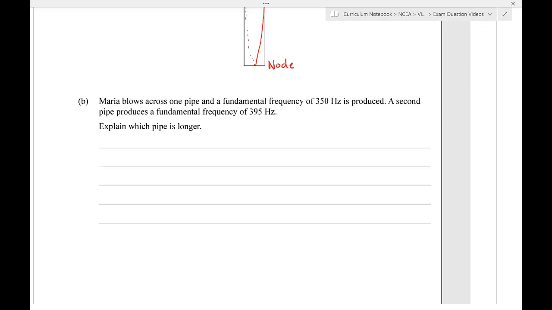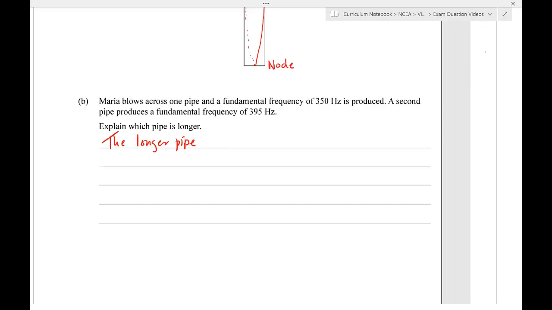Okay, so the longer pipe is going to have a longer quarter wavelength in it, so it's going to have a longer wavelength for the first harmonic, because the wavelength is 4 times the length of the pipe. If the wavelength is longer, then the frequency is going to be lower, because the frequency is the speed of sound divided by the wavelength. And so the lower frequency one must be the longer pipe.